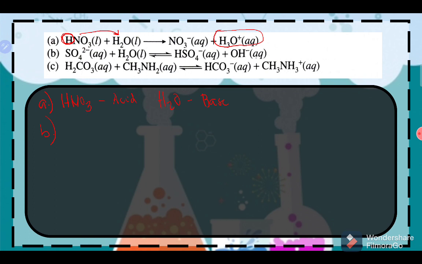SO4 2- combines with water to produce HSO4- and hydroxide ion. So based on this reaction, which of the reactants is considered to be the acid? It's water, because H2O donates its hydrogen ion to SO4 to produce HSO4.